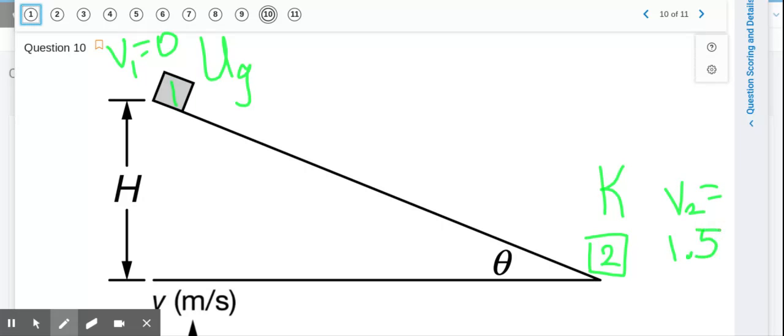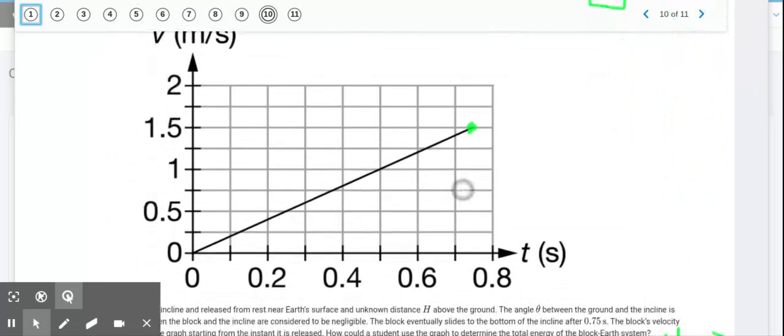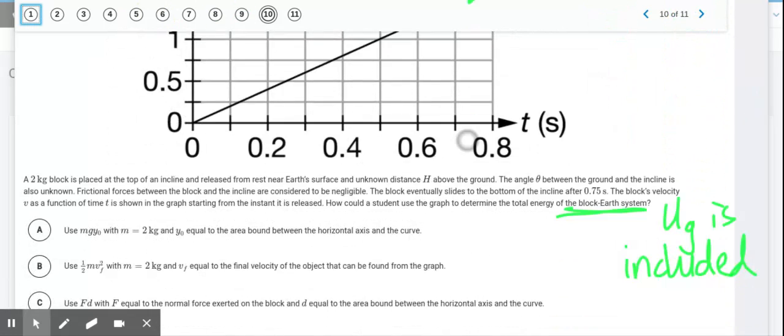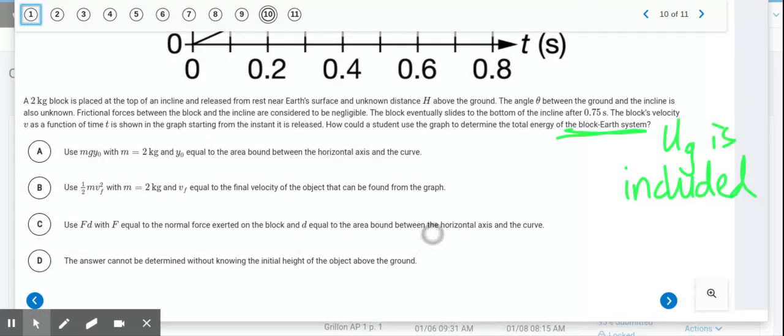I think I said V2 equals 1.5. And we know that from this graph. So we want to use this graph to determine the total energy.